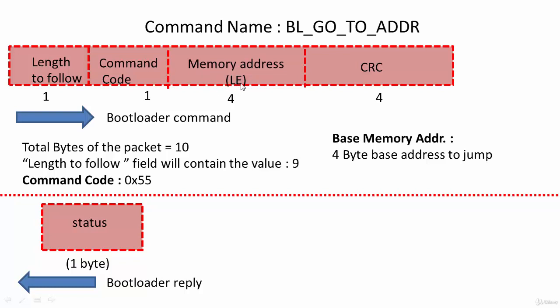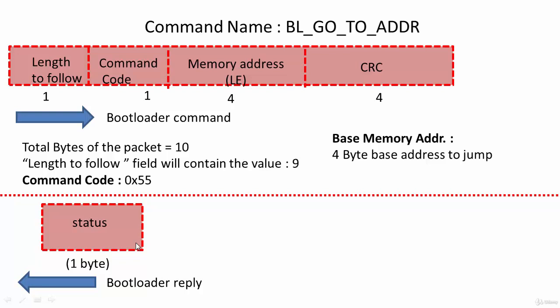The third field is the 4-byte base address to jump to, and the total bytes now will be 4 plus 4, 8, plus 2, that is 10. The length to follow will contain the value 9, and the bootloader reply will be the status, whether it is success or failure.